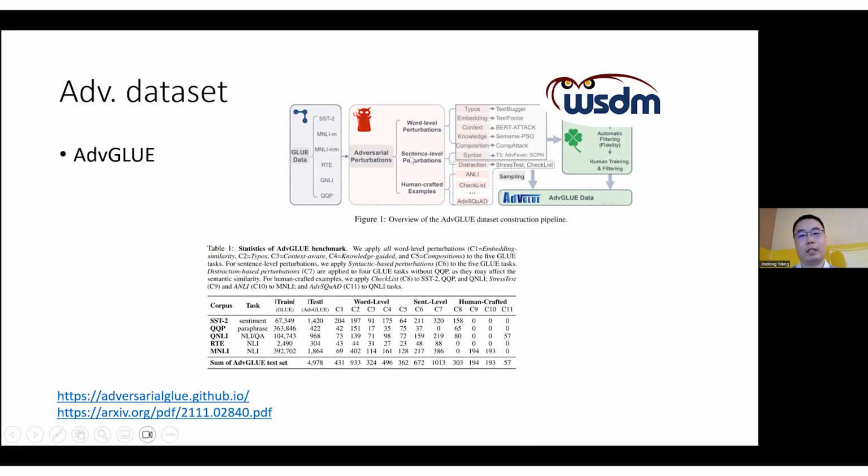The second level is sentence level, which tries to manipulate the syntax or create a distraction. Distraction means adding other uncommon things to the text. And for human crafted examples, we do not do that, so I will not introduce them here. So this is the dataset information for this evaluation.